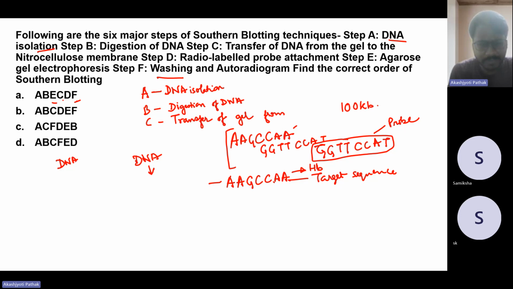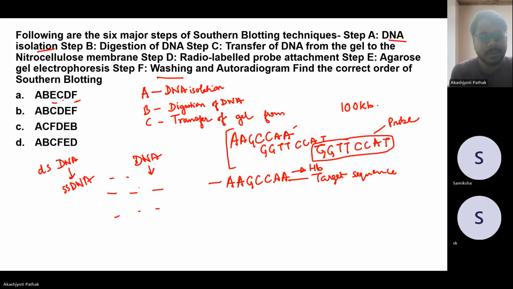You add NaOH to the solution. The NaOH and salt concentration will separate the two strands of DNA. So from double-stranded DNA, you get single-stranded DNA. This single-stranded DNA will be transferred from the gel onto the nitrocellulose membrane, so your membrane will have single-stranded DNA bands.